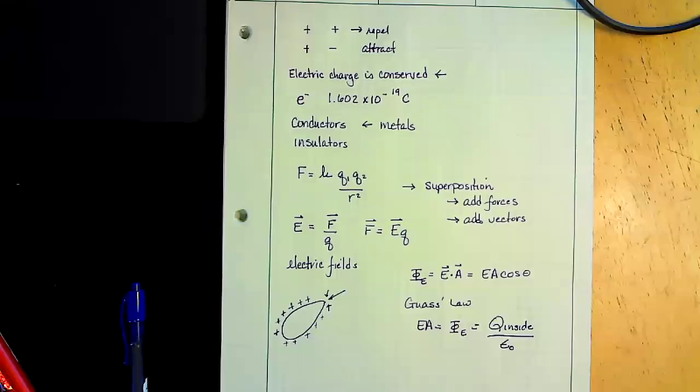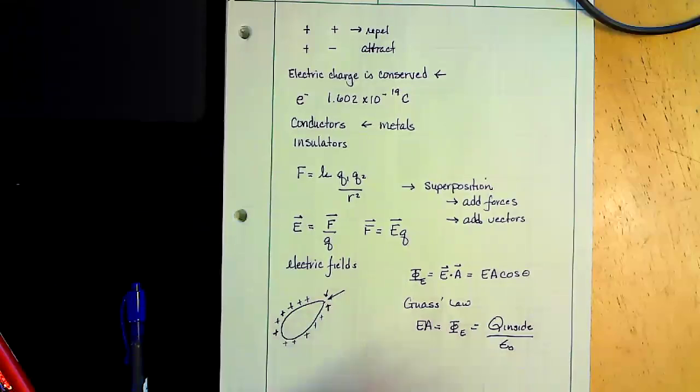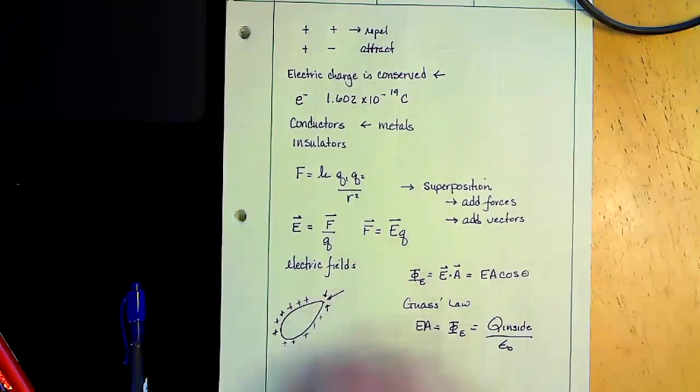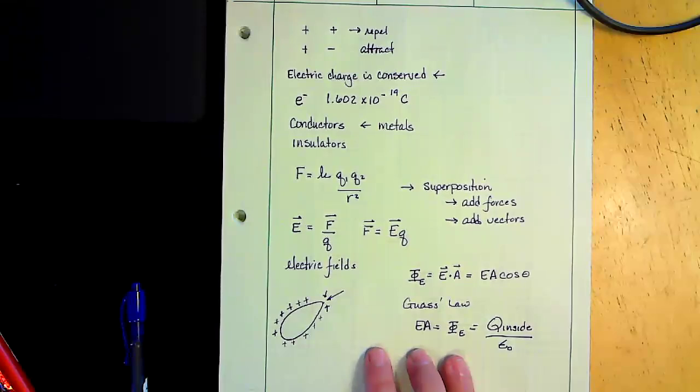So this is where these ideas about flux and Gauss's law come into play. Those of you who are dealing with x-rays, looking at imaging, sonography, all of those kinds of things, this idea of flux becomes important.